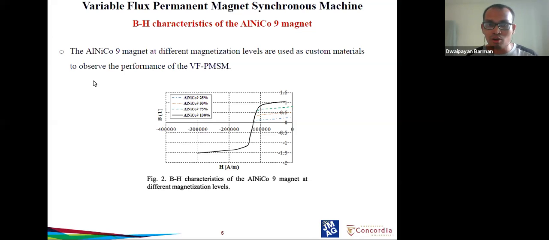So to obtain the BH characteristics of the alnico-9 magnet at those magnetization levels, the recoil lines at those magnetization levels are drawn parallel to the recoil line at 100% magnetization level. Thus, the base characteristics of the alnico-9 magnet at different magnetization levels shown in figure 2 are obtained.